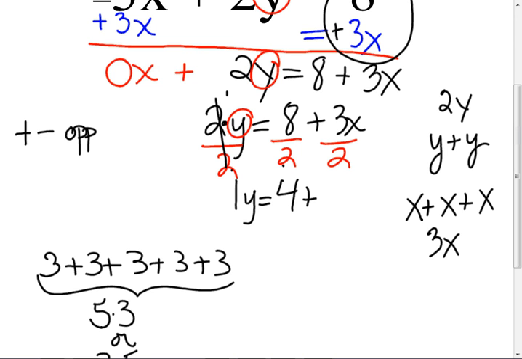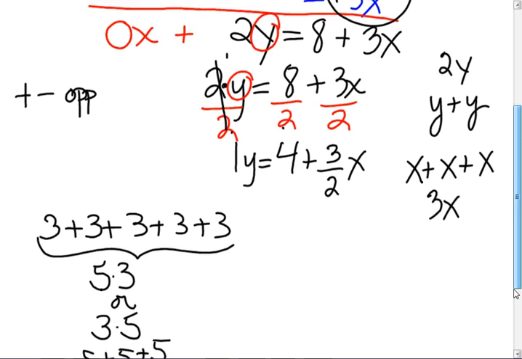What's 3 divided by 2? My favorite. It's more than 1, isn't it? 3 halves? 3 half dollars? Yeah. But you're going to leave it this way because that's the slope. Let's check our calculator if I can find it down here. No, 3 halves.